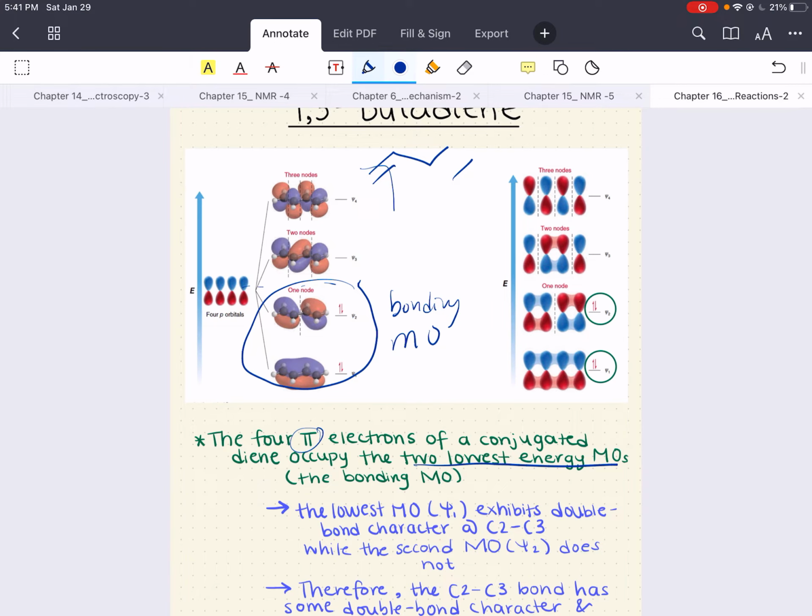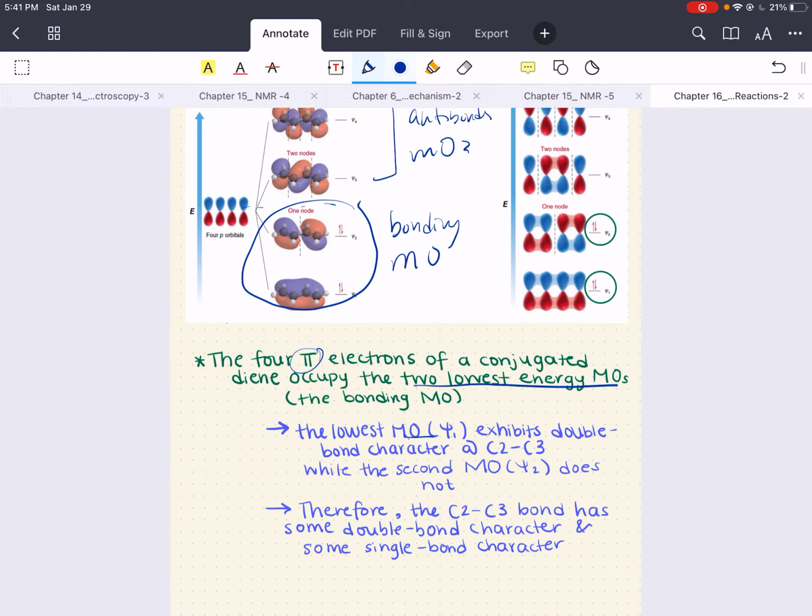These 2 higher MOs are called our anti-bonding MOs. The lowest molecular orbital, orbital 1 right here, exhibits double bond character between C2 and C3, while the second MO does not. This exhibits double bond character. Our second bonding MO doesn't, though.